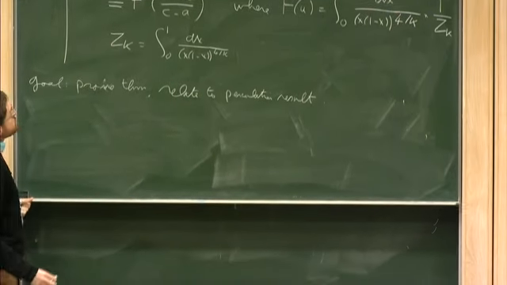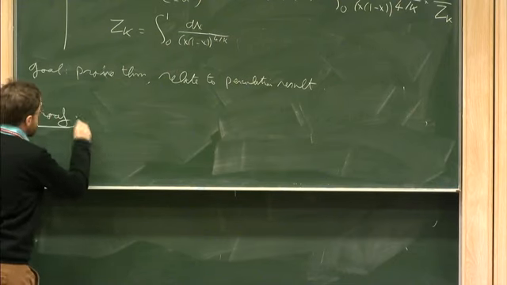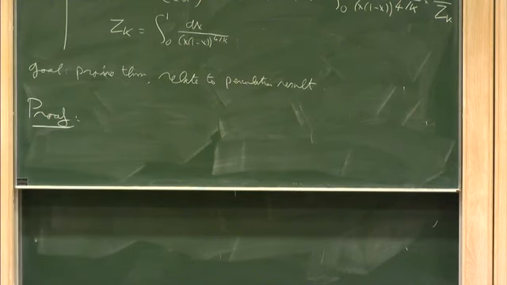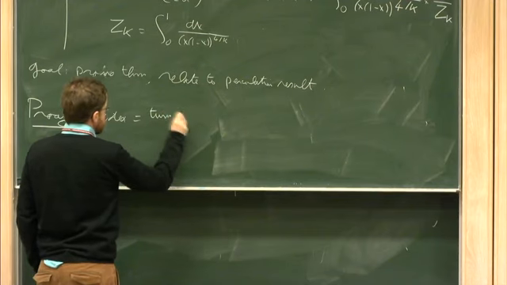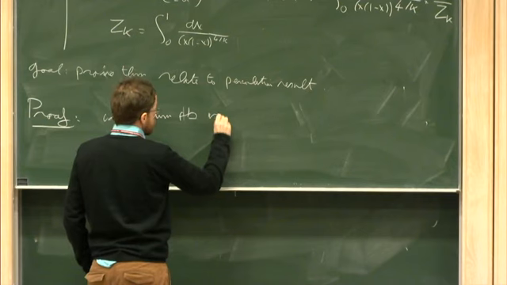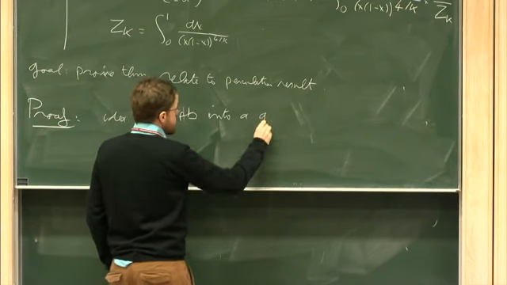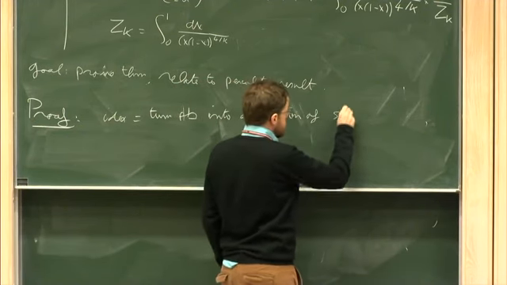So first, how do you prove a formula like this? So it's a little bit similar to what we did when we looked at the transition at kappa equal to 4. So the main idea is to turn the problem into a question of stochastic analysis.